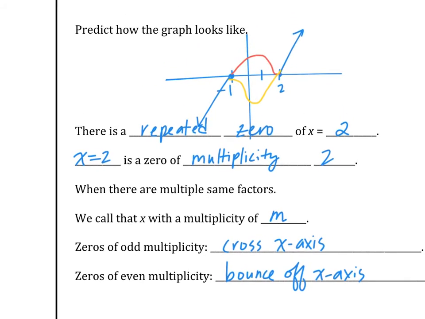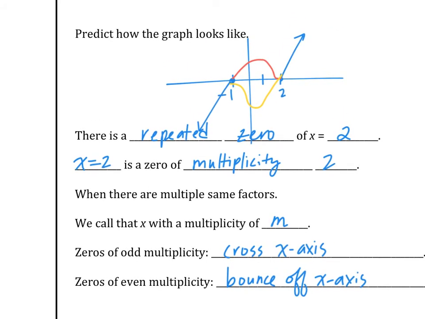Okay, so in this case, 2 is my double root. -1 is my odd root because there's only one factor. So at -1, it's going to cross. At 2, it's going to jump off. So the red one is the correct one. Remember, if it's odd numbers of factors, it's going to cross. If it's even numbers, it's going to jump off.